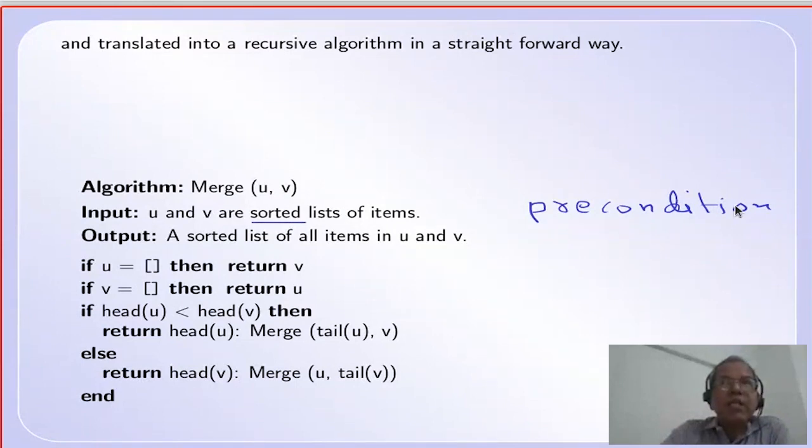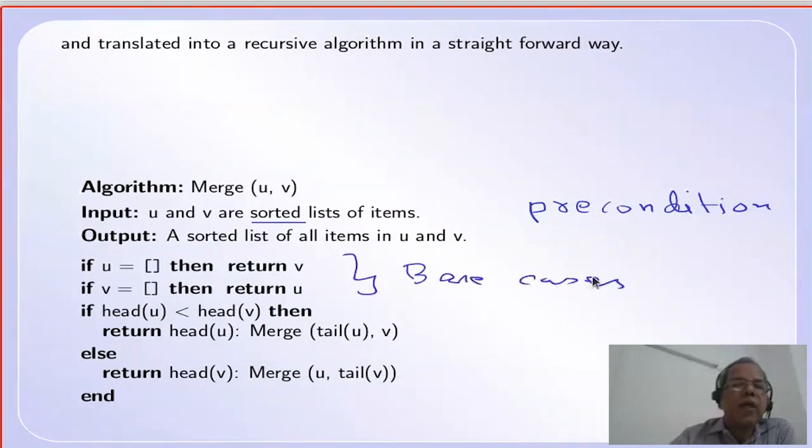Only if the precondition is satisfied, the algorithm will ensure the postcondition. If the precondition is not satisfied, the algorithm has no guarantee. Output is a sorted list of all items in U and V. There are two base cases. If U is equal to empty, then return V. If V is equal to empty, then return U. And this is the recursion step.